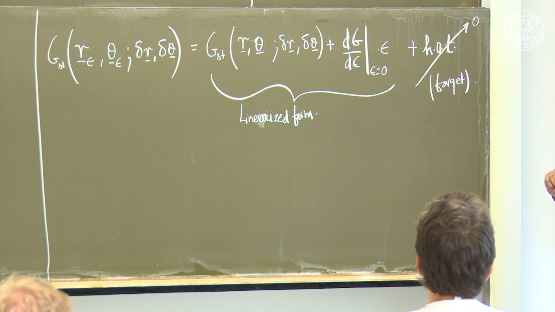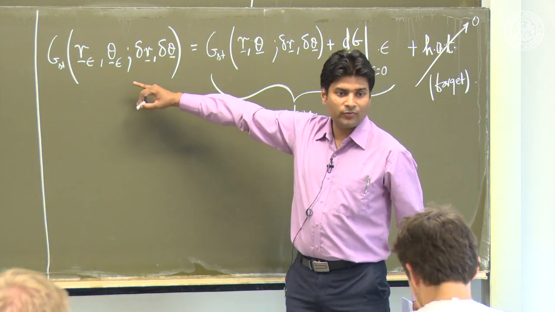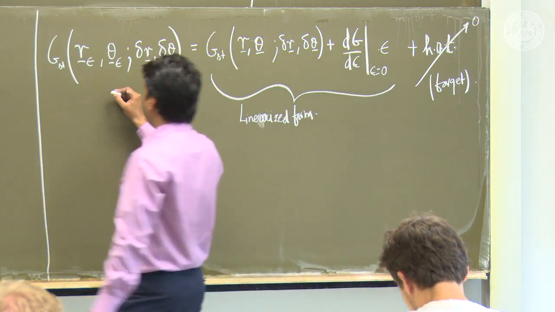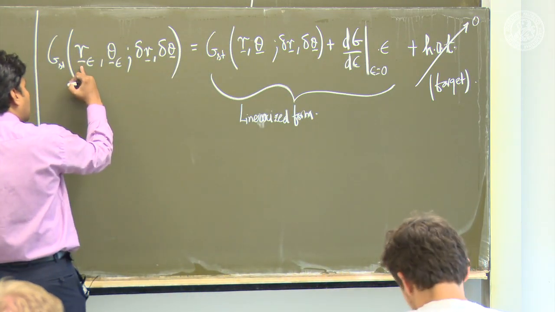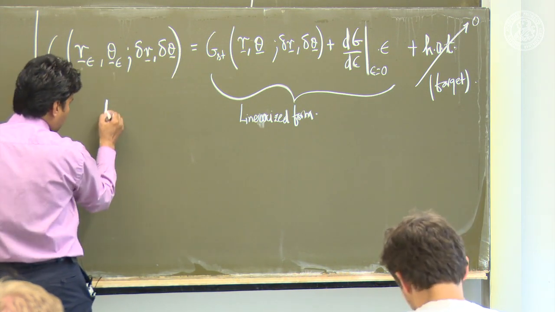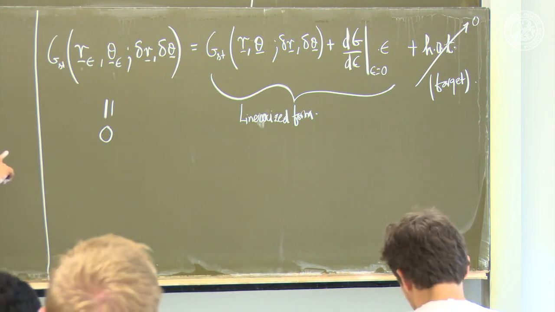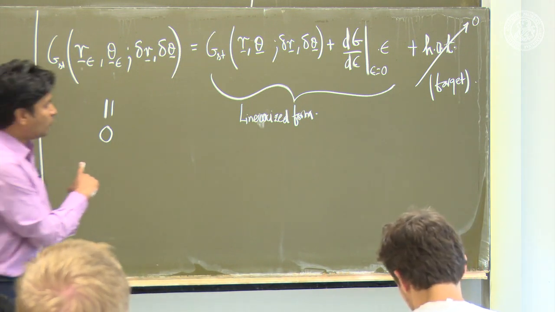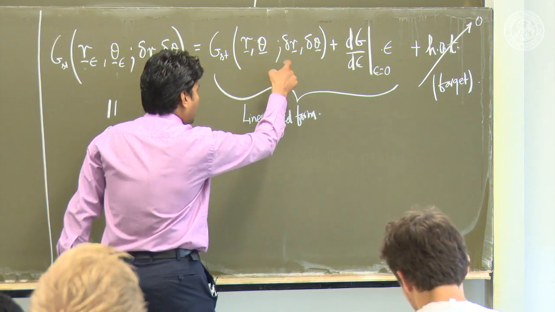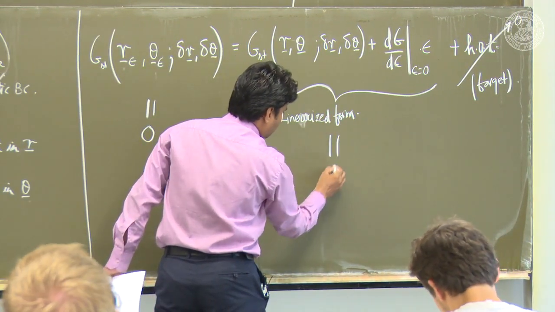Okay? And see, our goal is to solve the nonlinear weak form. So, we want to find out little r epsilon and little theta epsilon for which this is equal to 0. But that's a difficult problem. So, what we would do, we would solve the linearized form. So, we would set this equal to 0.